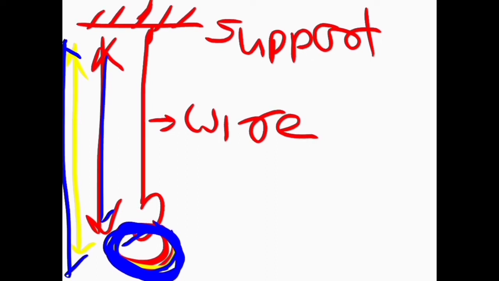When we remove this weight that we added firstly, that load we remove, then the wire gets its original position or original length, which we can say is the elastic nature. And if we add some more weight again to the free end of that wire, it also gives some more elongation. As much weight, that is load, as we increase at the free end of this wire, we get corresponding elongation in that wire.